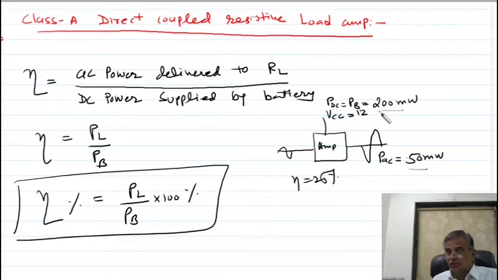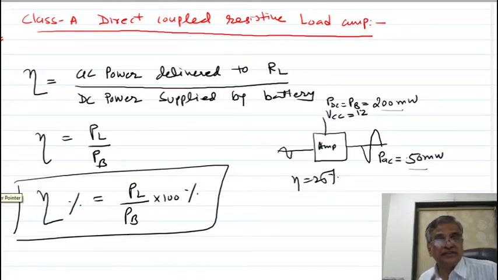Then you have to see where is your wastage. There is a wastage in the load RL and transistor itself. So if you want to increase the efficiency of the transistor amplifier, then you have to deal with wastage DC power in the transistor itself and load RL.